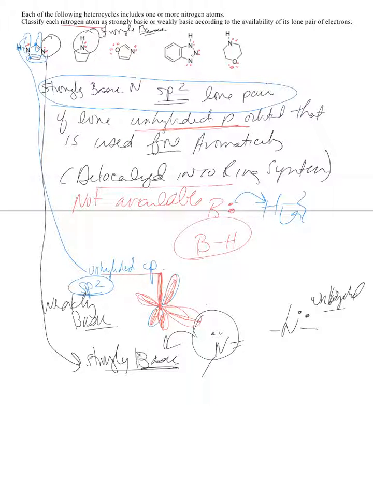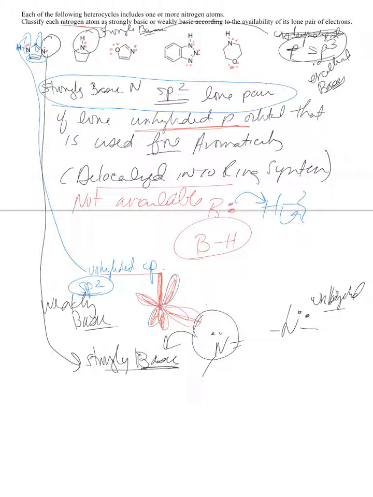And that is because those electrons are in an unhybridized p orbital. Actually, no, that would be sp3. That would actually be in an sp3 orbital. sp3 orbital electrons are excellent bases. So those lone pairs on the nitrogen will definitely be strongly basic. Those electrons are in sp3.